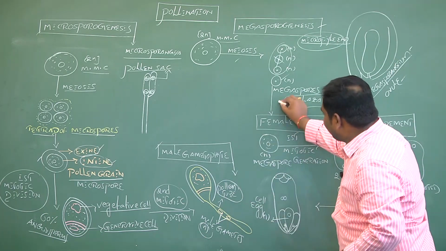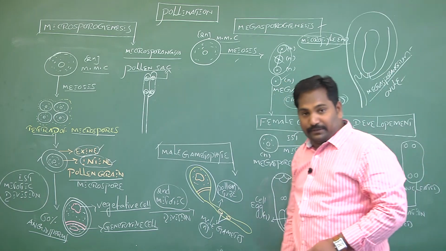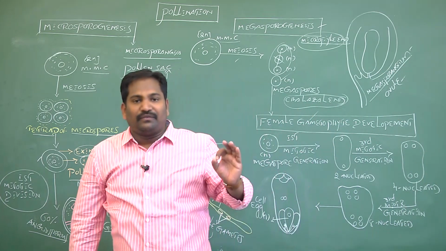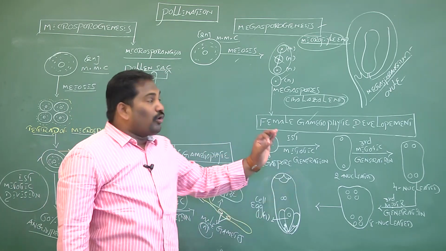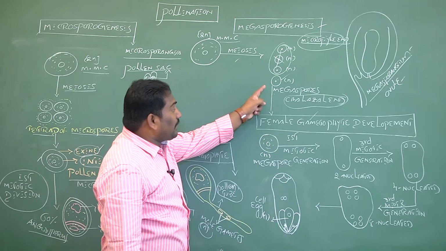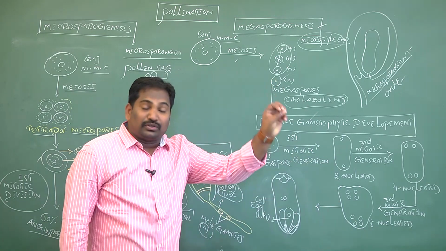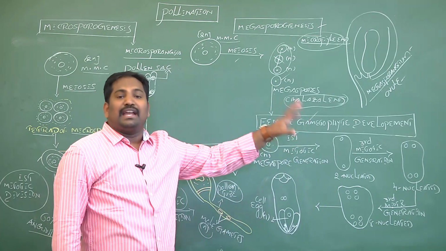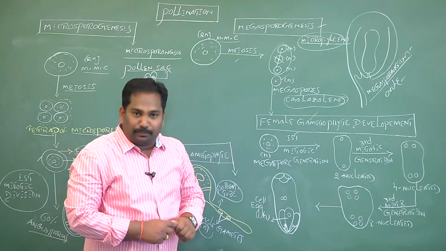Now this single functional haploid megaspore develops into the female gametophyte. The most common type of female gametophyte or embryo sac development is the monosporic type. The reason is that a single haploid megaspore participates in the development of the 8-nucleated, 7-celled embryo sac in angiosperms, which is called monosporic embryo sac development.